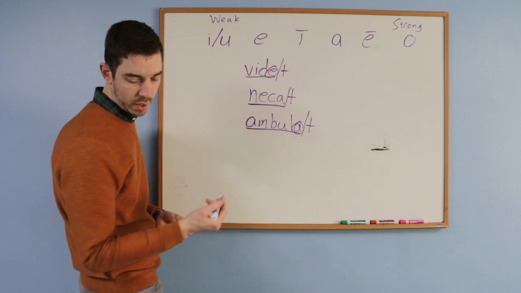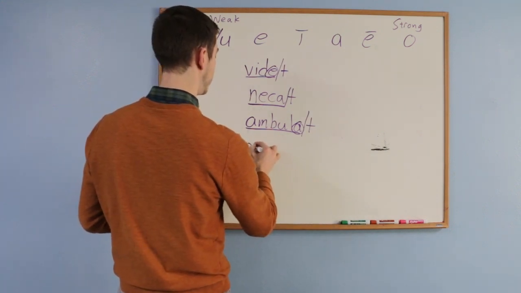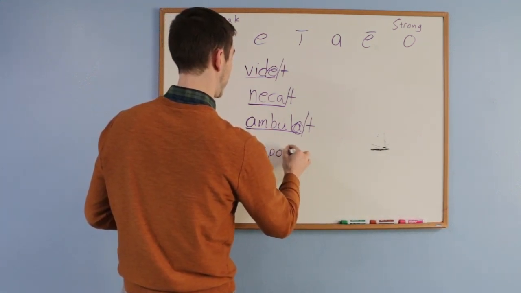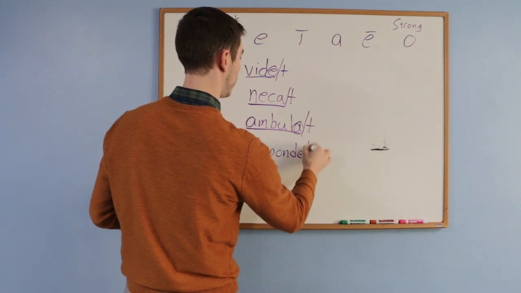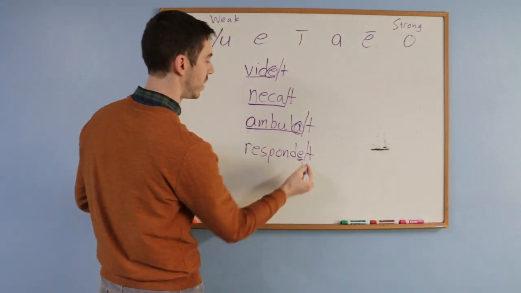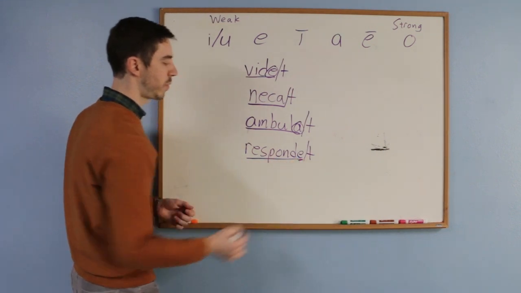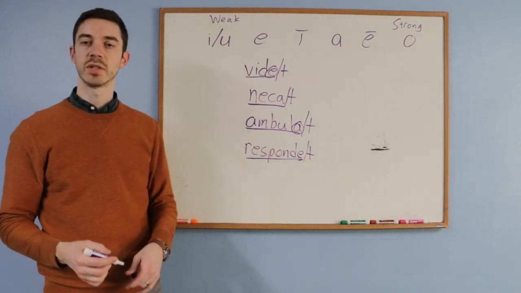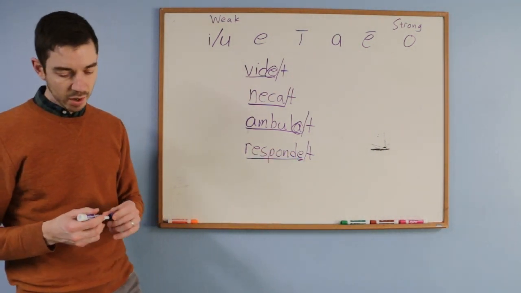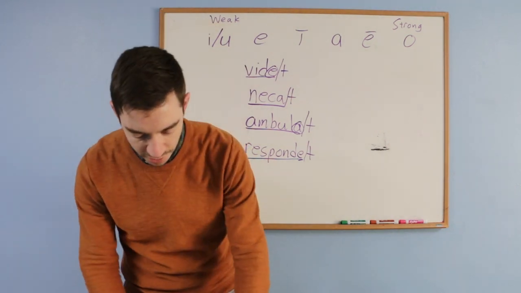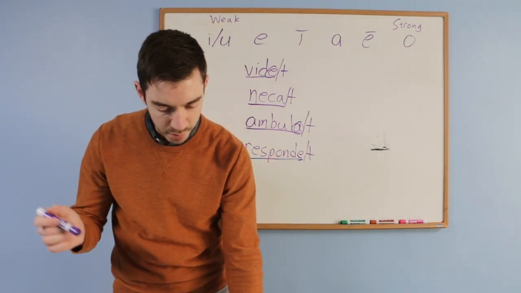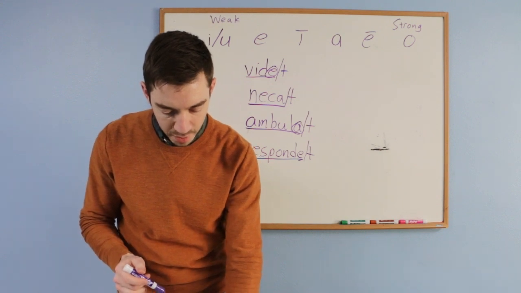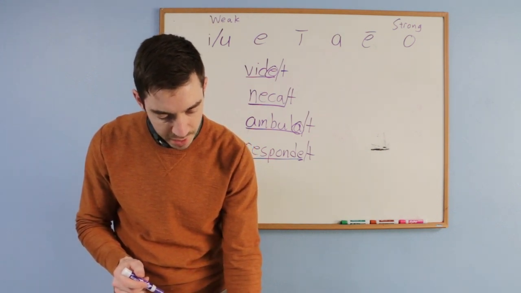We'll do one more, then I'll leave the last two for you to do on your own. Respondet. We'll cut the T off. It ends with an E. This is the stem, responde. Ends with an E, so it is an E stem. All right, you can do the last two on your own: servat and laudat. Write the stem and then write whether it's an A stem or an E stem.